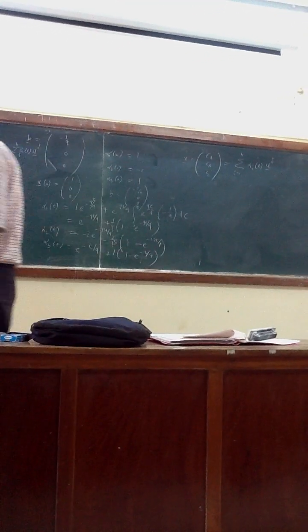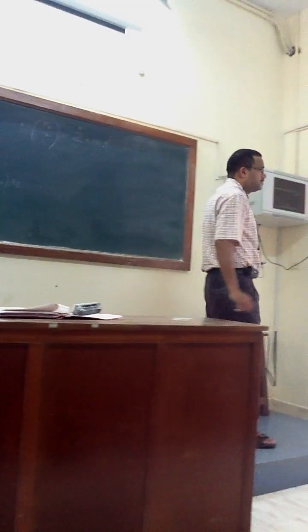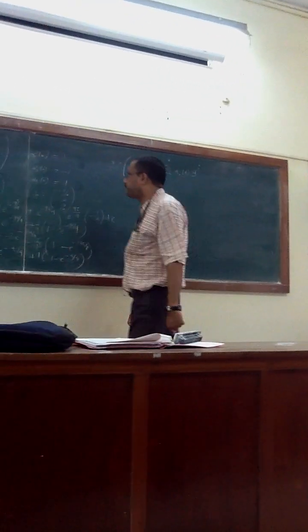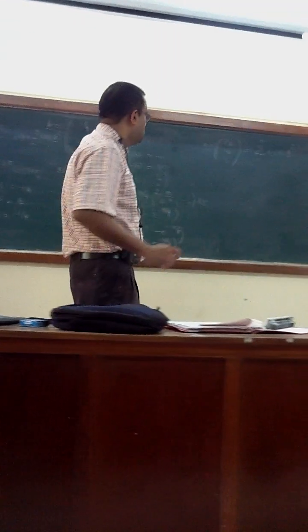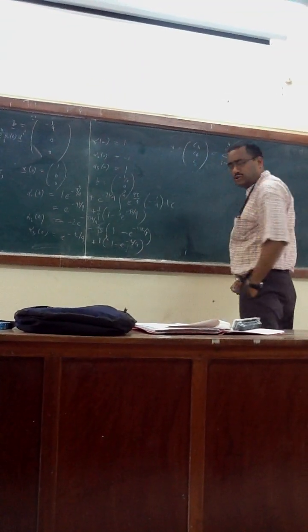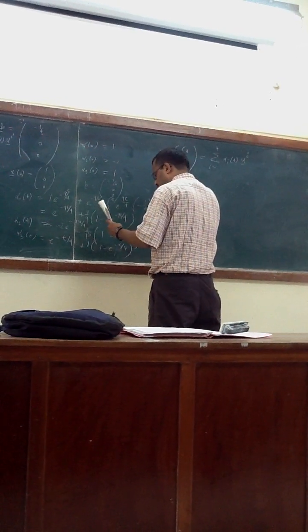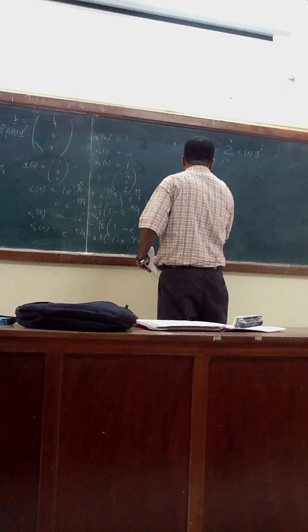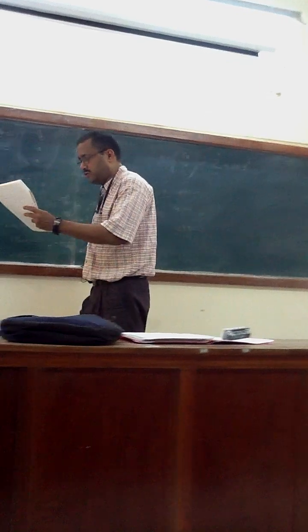Alpha i(t) is actually obtained. So from here, what will you get? CA(t), CB(t), and CC(t). Everything is given to you.